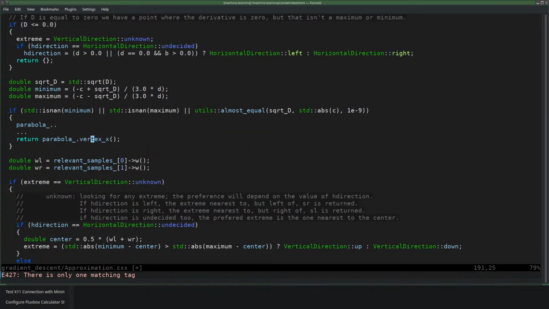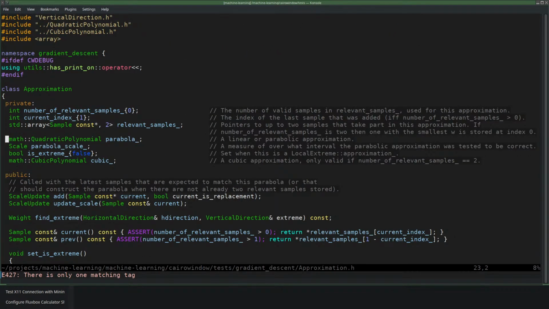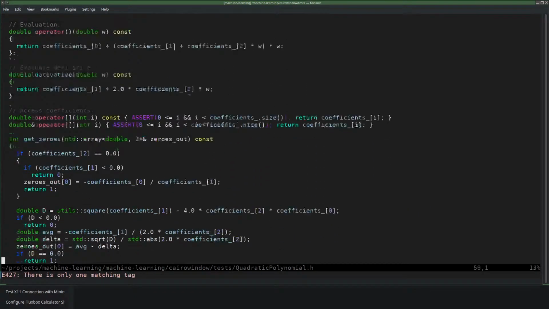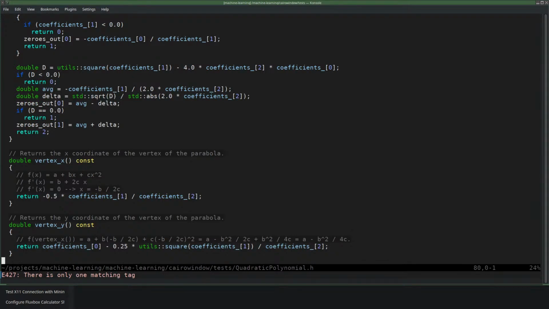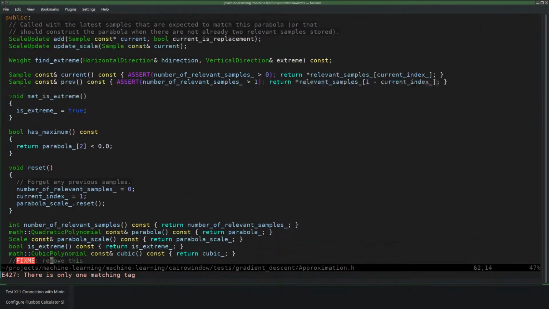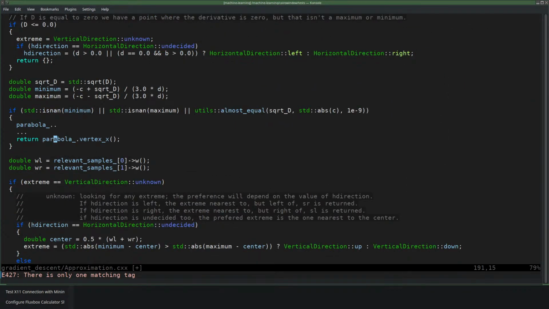Okay, let's approach this differently. My parabola is a quadratic polynomial, right, and that has a vertex x. Yep. But when do I want to return that?